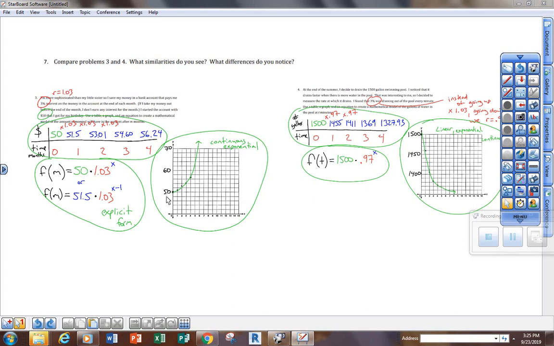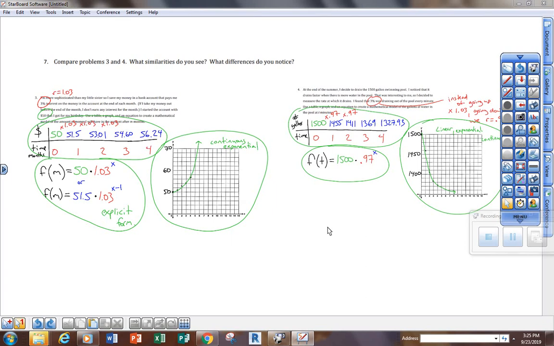Differences, this is an increasing exponential. This one is a decreasing exponential. This one has a common ratio more than 1. This one has a common ratio less than 1. This one has a 0 term, then it's going up. This one has a 0 term, then it's going down. So those are some key differences.